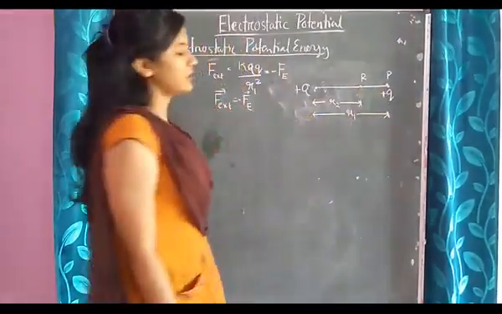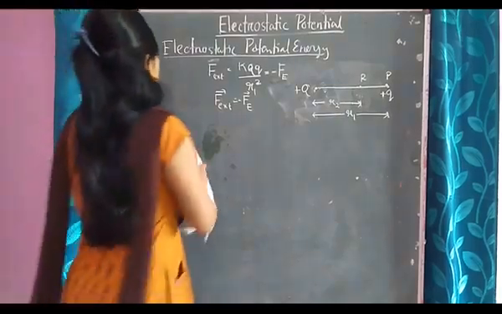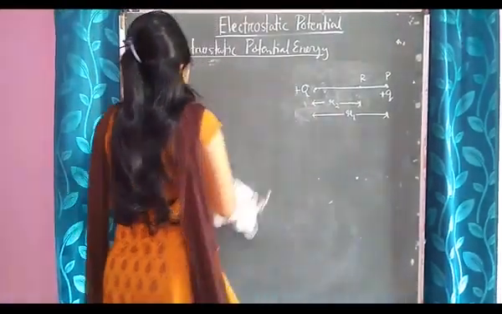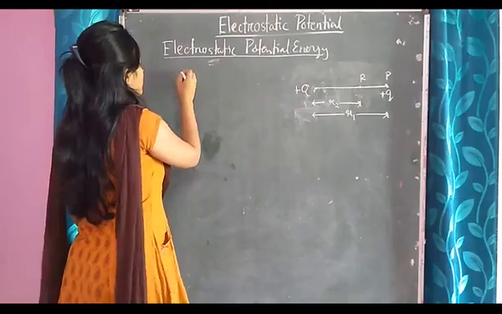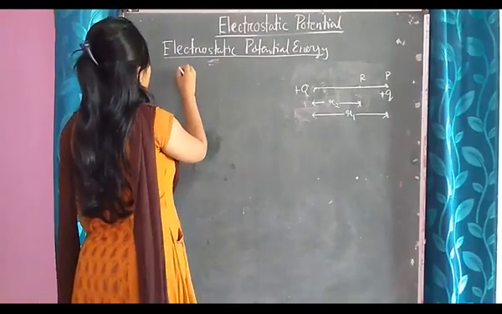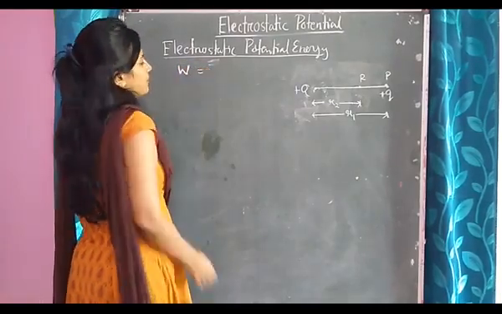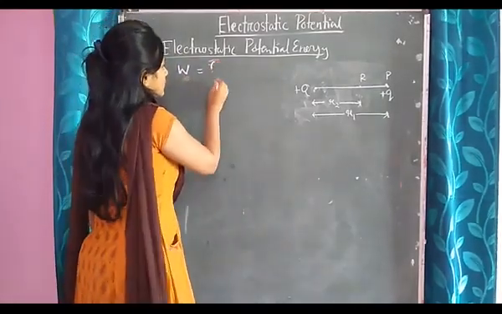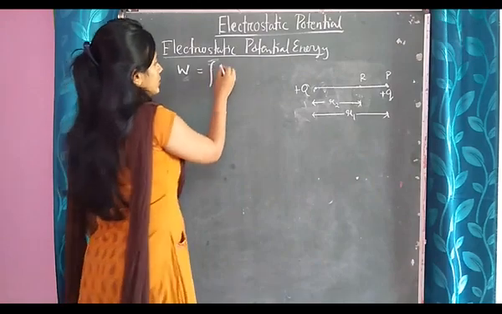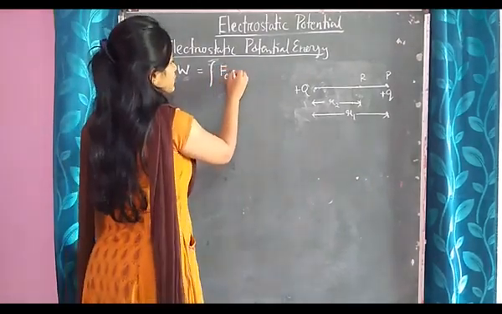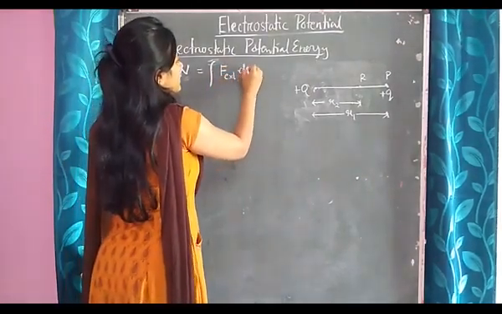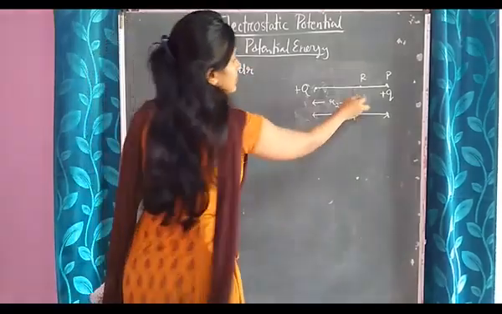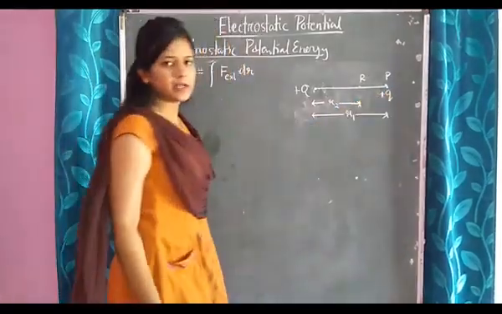So now let us find out the work done in bringing the charge from point P to point R. For that I will write the work done by the external force. The formula will be the integration of F external dot dr, where dr means the small displacement.